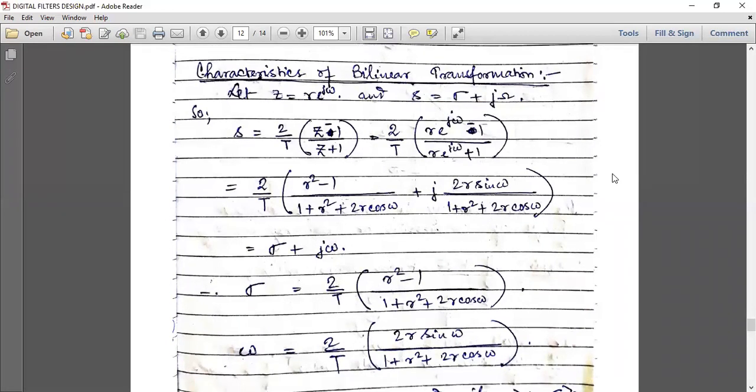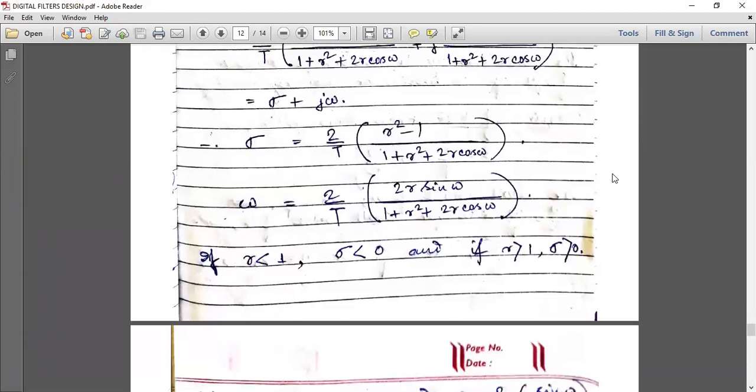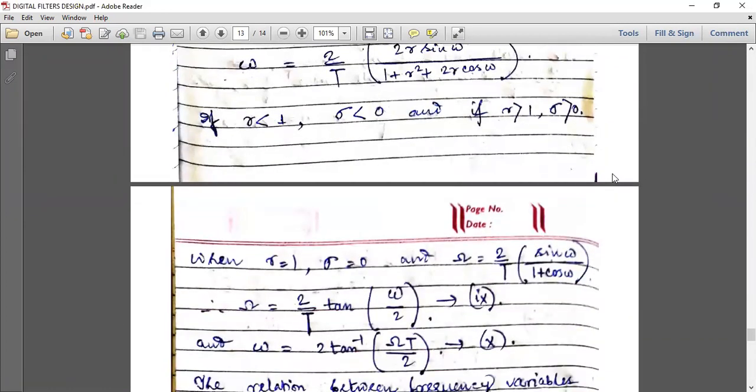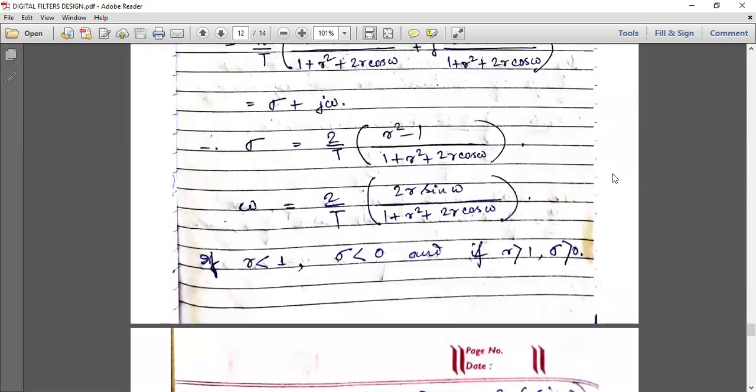No problem. Sorry. So now you see, if r is less than 1, then sigma will be less than 0. And if r is greater than 1, then sigma will be greater than 0. But if r is equal to 1, then sigma will be equal to 0. And what will ohm be? Will ohm also be equal to 0?